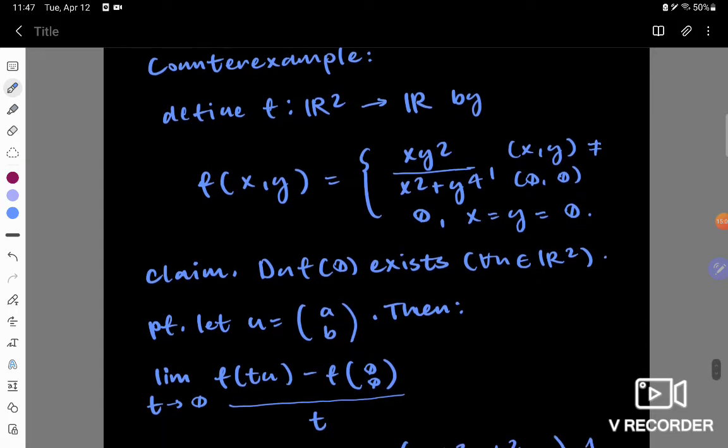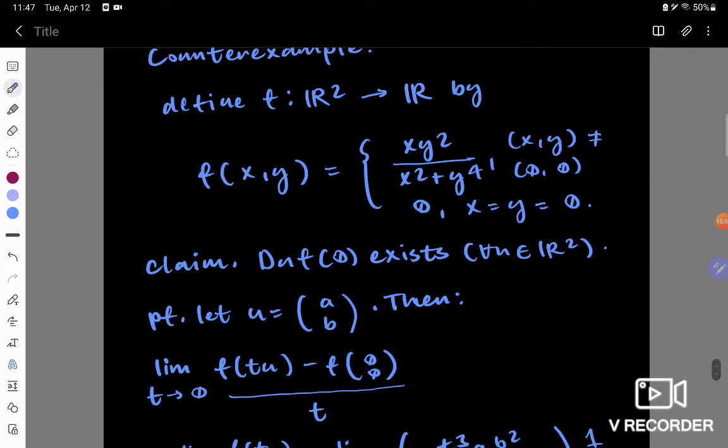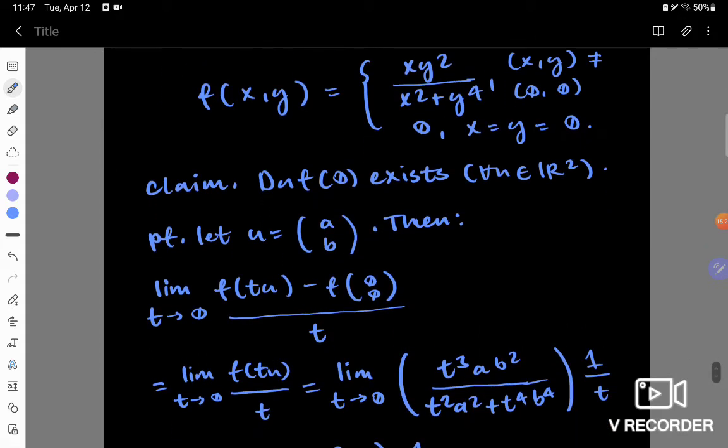And then we have, just by our limit definition, we take our limit, and since we're at the point 0, we just have 0 plus t times u, which is just going to be t times u. So f of this minus f of (0, 0), which is our point, all divided by t as t goes to 0. Evaluating this a bit more, we just get f of tu, and we get f of tu over t as t goes to 0.